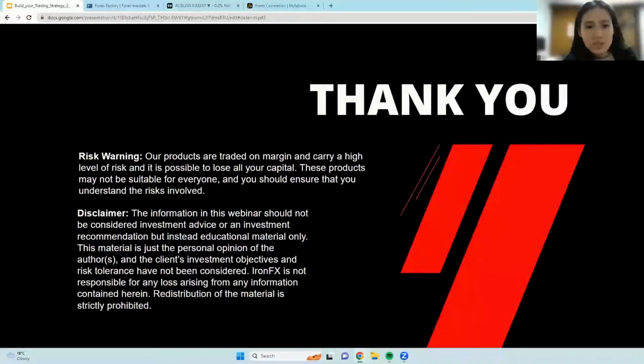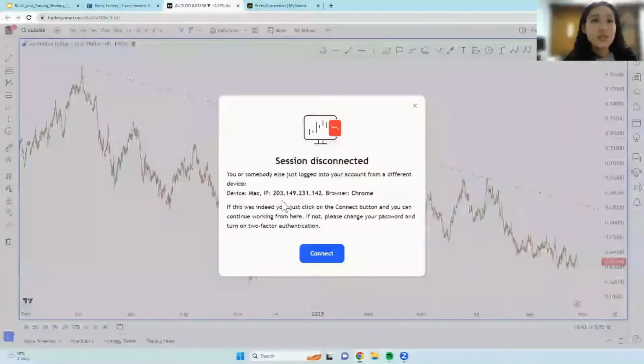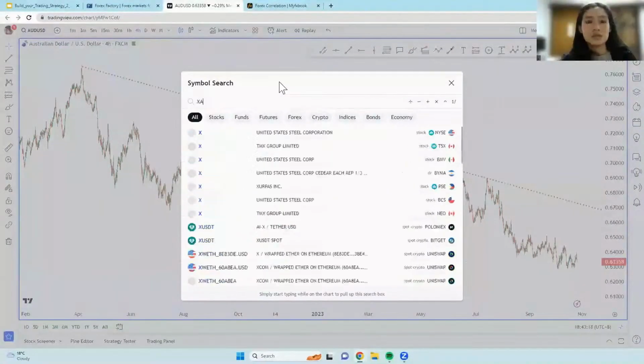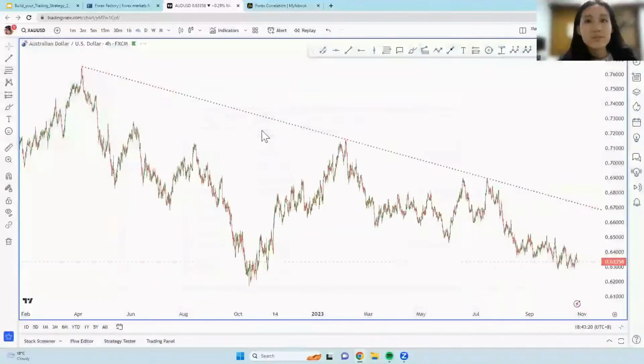Maybe we will just take a look at gold first. Okay, and then if you guys have any requests, just let me know in the chat.